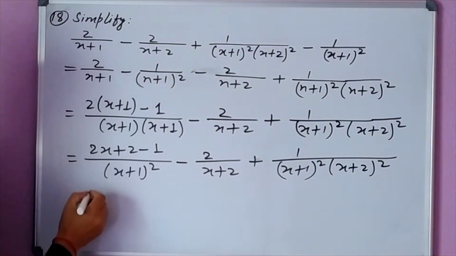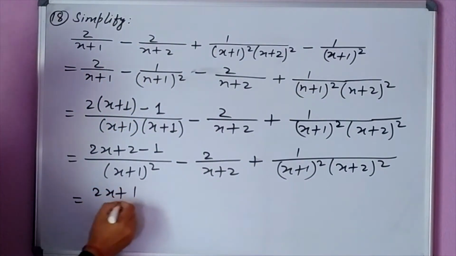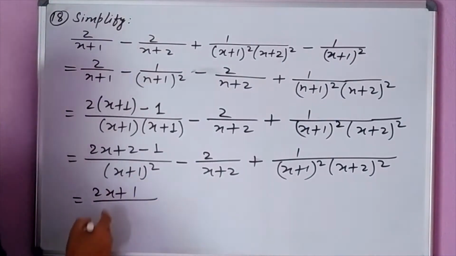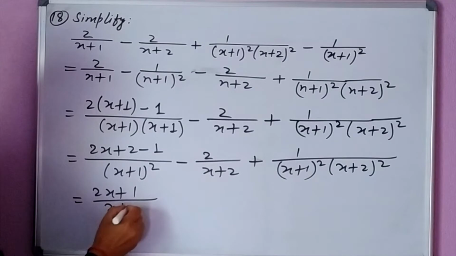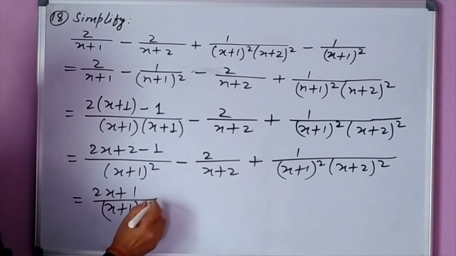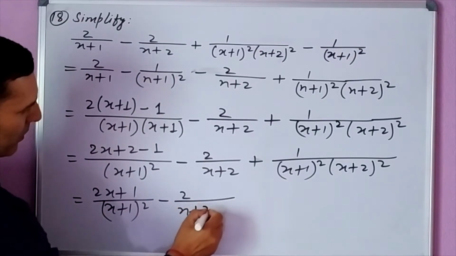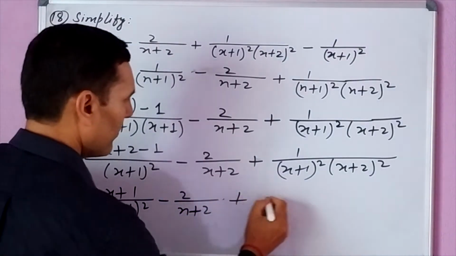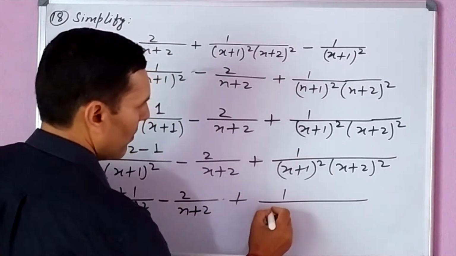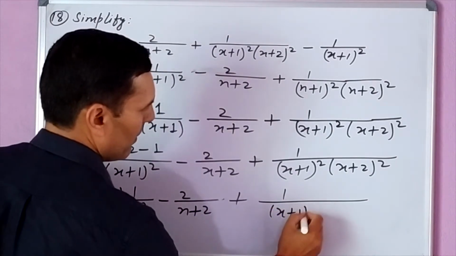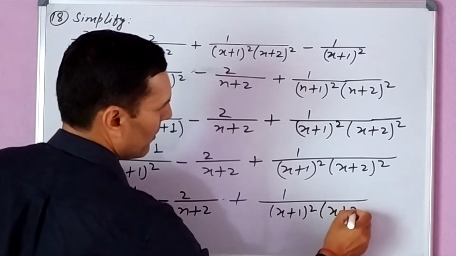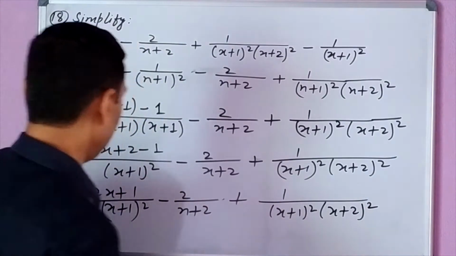So it is 2x plus 1 upon x plus 1 whole square minus 2 upon x plus 2 plus 1 upon x plus 1 whole square, x plus 2 whole square.